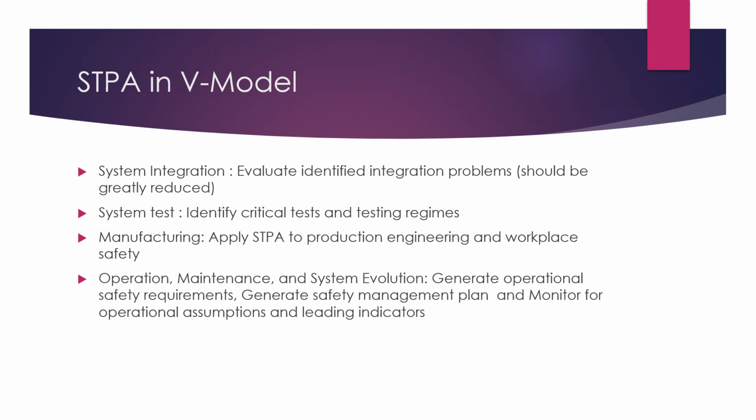With the use of STPA, we are going to reduce the integration problems to a larger extent, because when you use STPA at the system architecture level, we identify a lot of interface requirements and cover a wide range of clarity in the system architecture, which leads to identification of integration problems much earlier than when real integration happens.